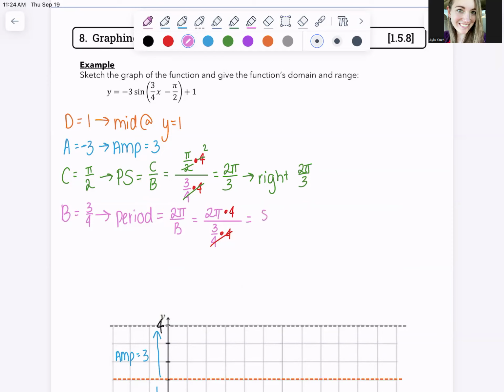I'm left with 8 pi over 3 as my period. So our phase shift is 2 pi over 3, and our period is 8 pi over 3.